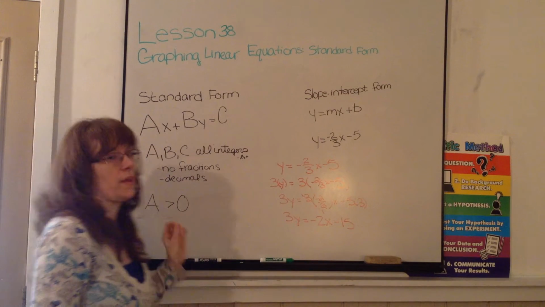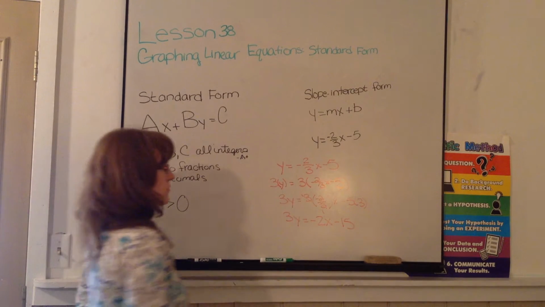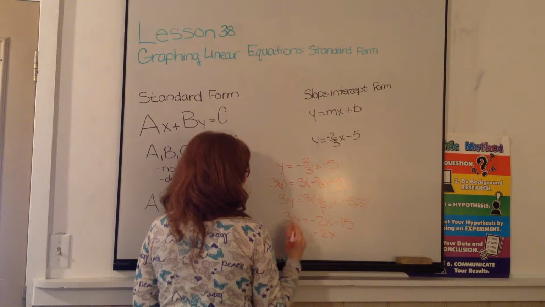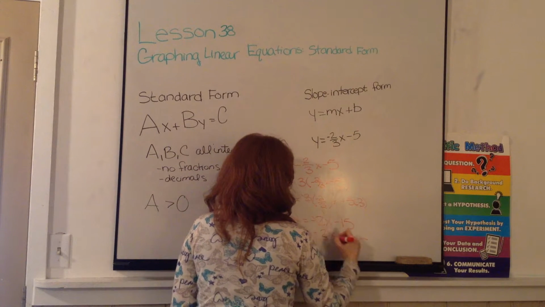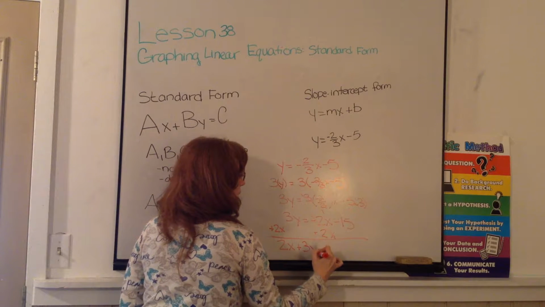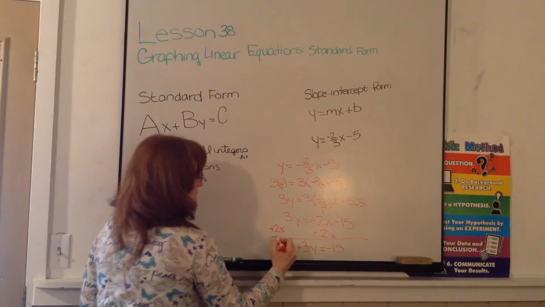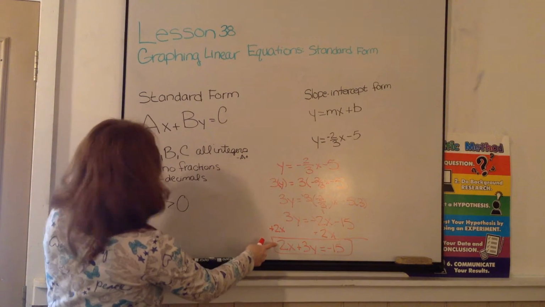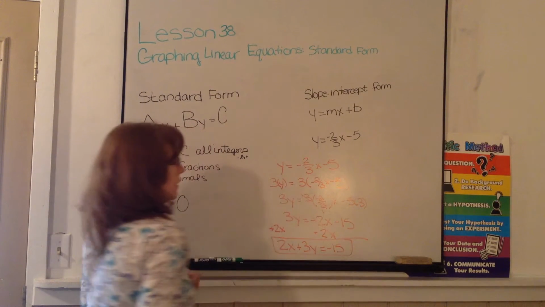So first I'll get it to here, and then I'll see if my a is greater than 0. I'm going to add 2x to both sides. That gives me 2x plus 3y equals negative 15. So this is my answer in standard form, where 2 is A, 3 is B, and negative 15 is C.